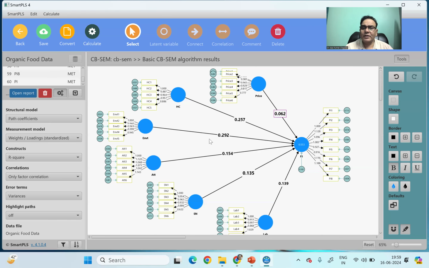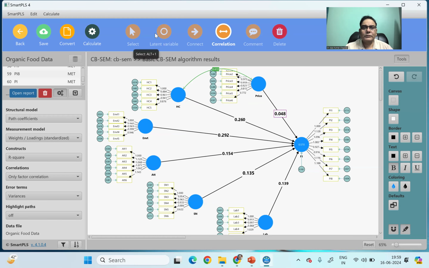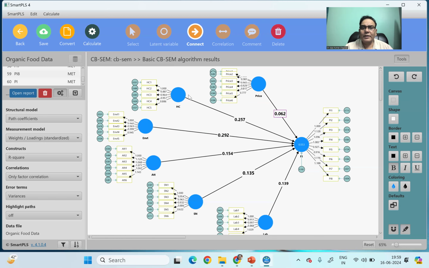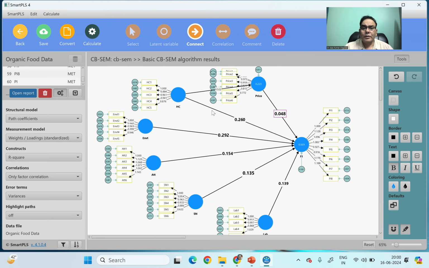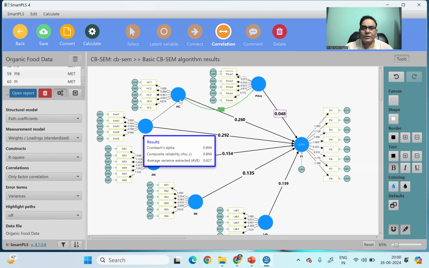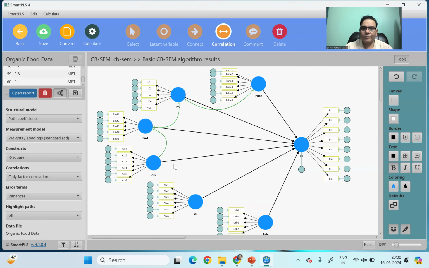And if you ask me that how I can increase these values, by joining them by correlation. In smart CB-SEM, अगर आपको मॉडल फिट बनाना है तो आप इसमें से correlation, maybe not this. If you join them by correlation, the model fitness will improve. And this is allowed only in CB-SEM.